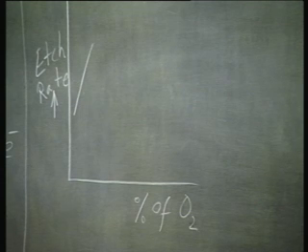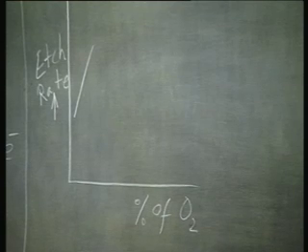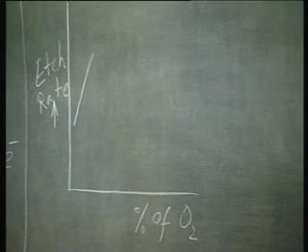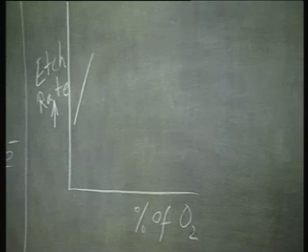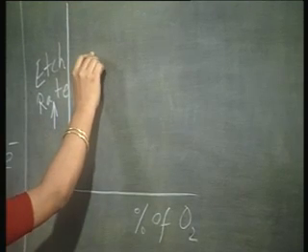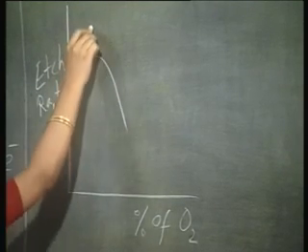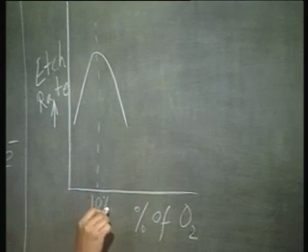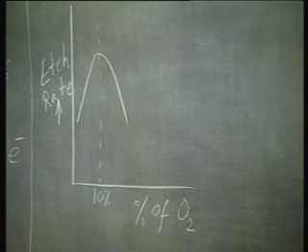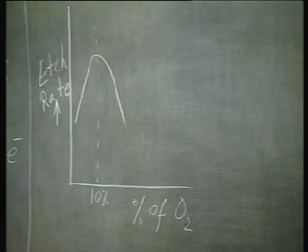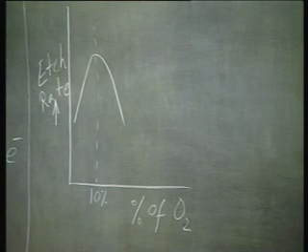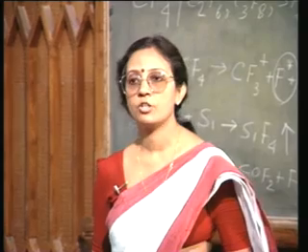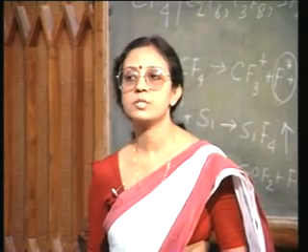But then it reaches a peak at around 10% of oxygen in the feed gas, and then again it begins to fall. This peak is around 10%. So, the increase is easy to understand. It is because of extra generation of active fluorine species.